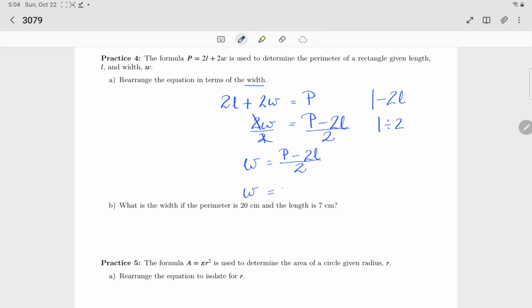This will give us perimeter divided by 2 minus 2L divided by 2, which is L. Now let's substitute the values. Width equals, perimeter is 20 centimeters. 20 centimeters divided by 2 is 10 centimeters, minus 7 centimeters for length. That's 10 minus 7. The width is 3 centimeters.